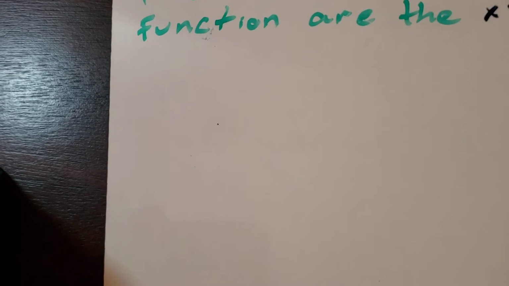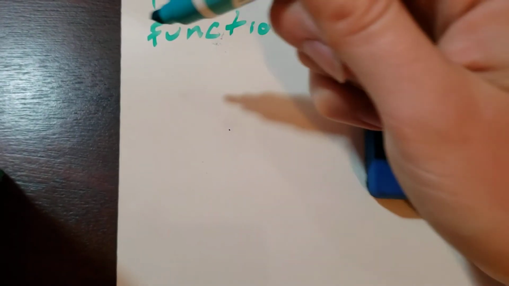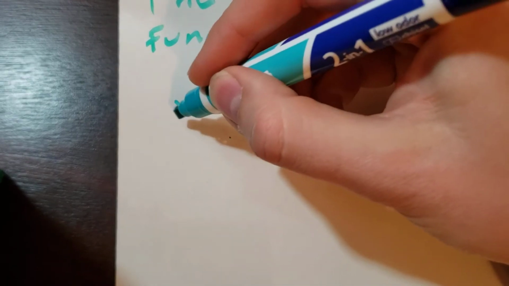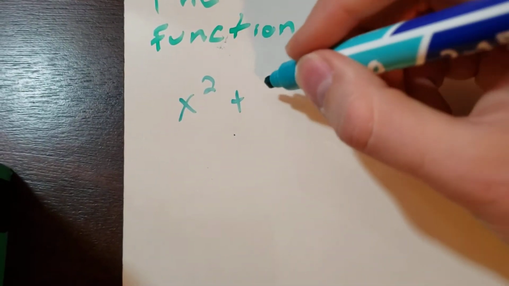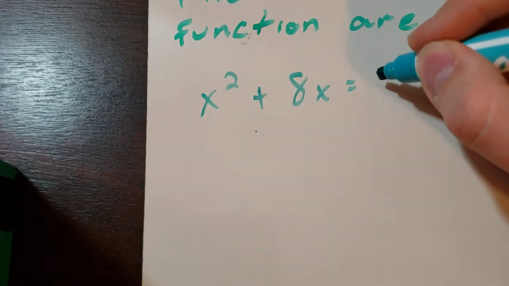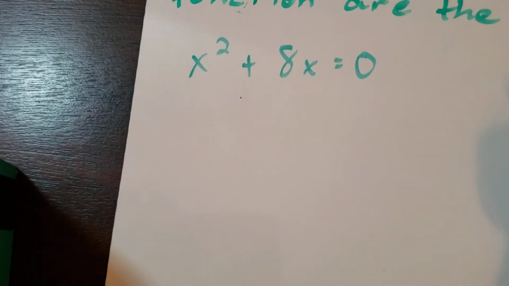Okay, so let's say I'm working with x squared plus 8x, and I know it equals 0. So I'm trying to find the x-intercepts, I'm trying to find the zeros.